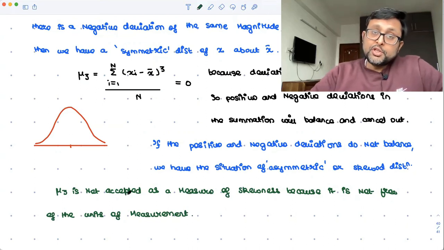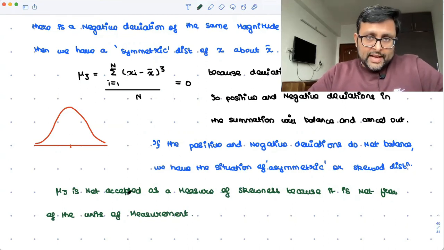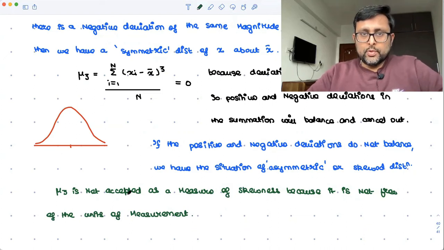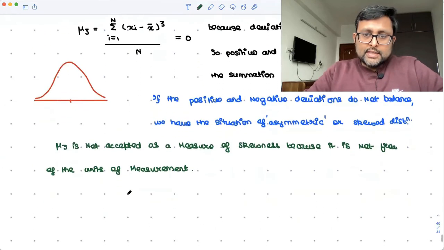So the units of measurement of mu3 is going to be whatever the units of measurement of x to the power 3, right? That is going to be the units of measurement.